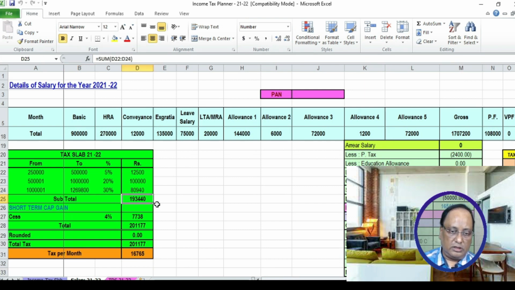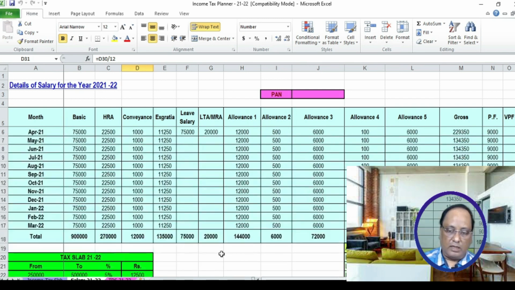So your income tax is coming 1,93,440. Now education cess and others, after adding it over, it is coming 2,01,177. So monthly it is coming 16,765. So up to this point it is okay.